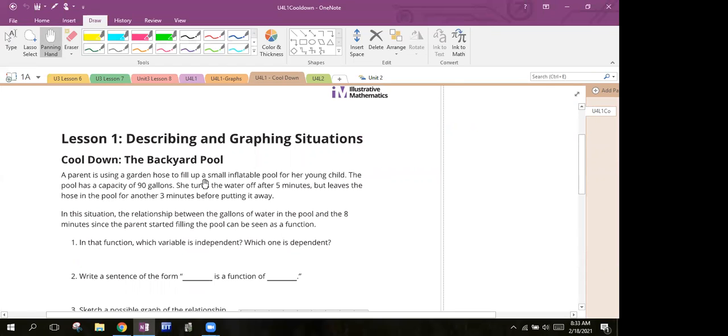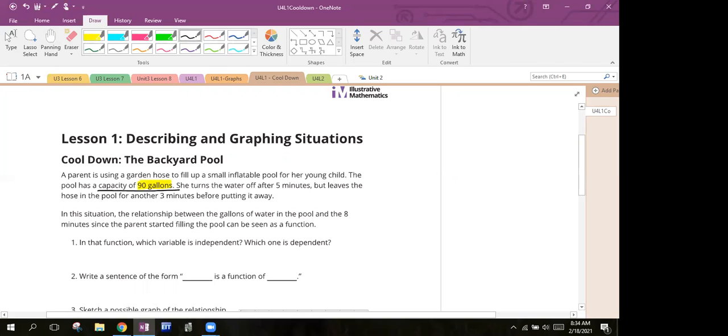It says the parent is using a garden hose to fill up a small inflatable pool for her young child. Now, whether you've had an inflatable pool or not, we either know how they work or we've actually swam in one. So just imagine that in your head. The pool has a capacity of 90 gallons. So when it is all the way filled up, it holds 90 gallons.